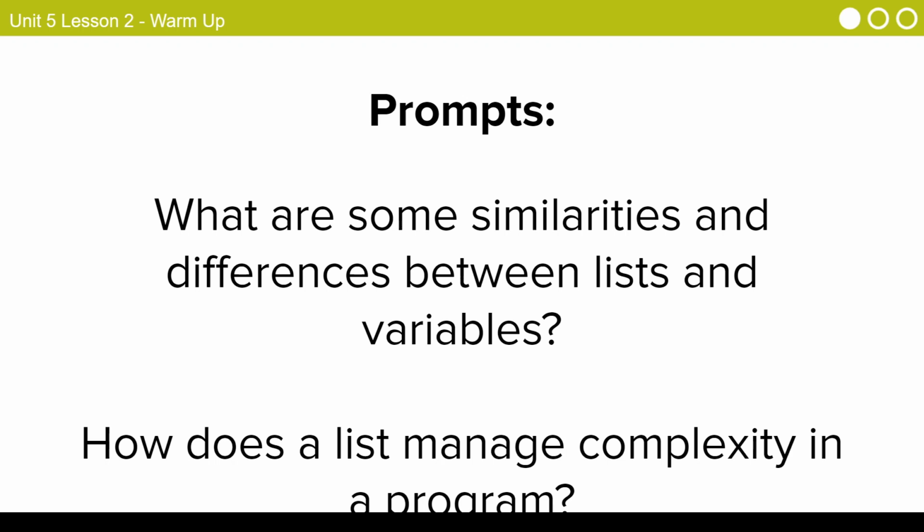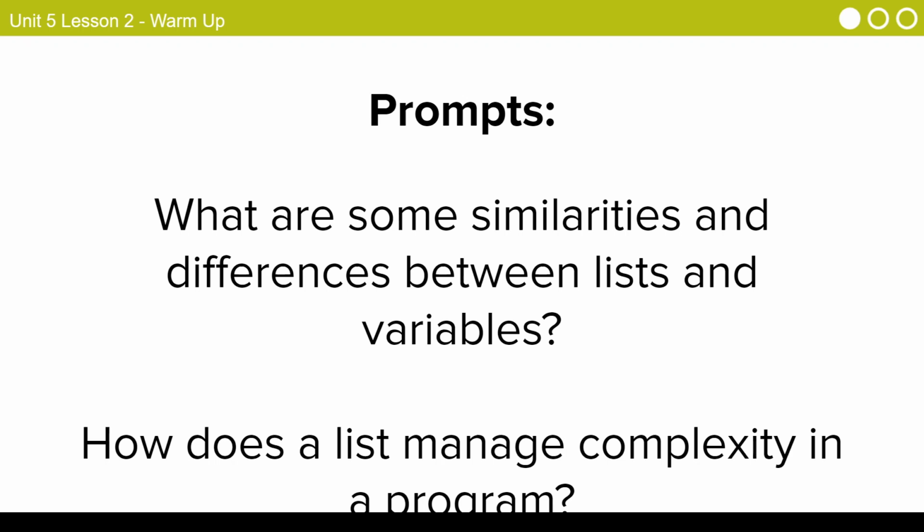And so they help me manage complexity, because if you can imagine us having a program that takes 10 or 20 or 100 different things in as input, I don't want to make variables for all those, so I can use a list. On top of that, lists are dynamic. Going into a program, if we didn't have lists, you have to know how many variables you're declaring, versus now I can create a list, and then as the program runs, I can take in input from the user and change the number of things that I'm storing then.